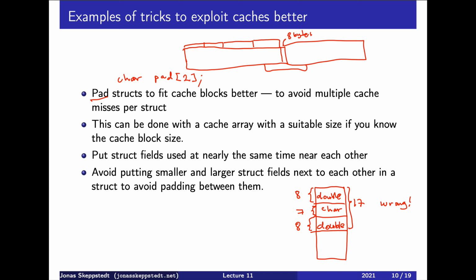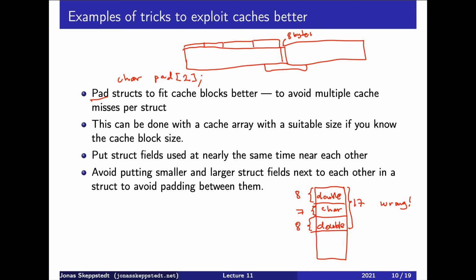And these 7 bytes are clearly unused and should be avoided if we want to reduce the amount of memory that our structs need. So one way to avoid it is to put the fields of a struct, the largest ones first.